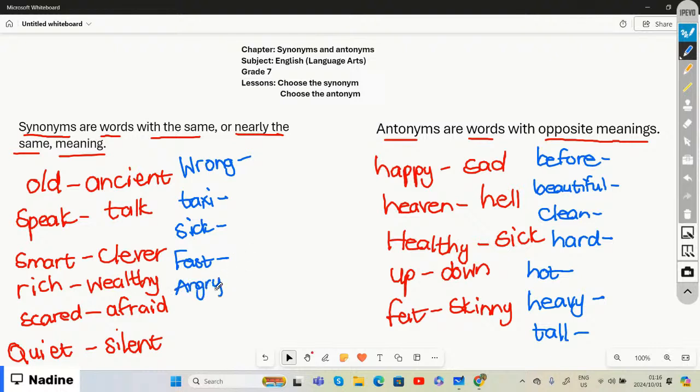Angry. True. And lastly, what is another word for exit? You need to tell me what is another word for wrong, taxi, sick, fast, angry, true, or exit, or the opposite of before: beautiful, clean, hard, hot, heavy, tall.